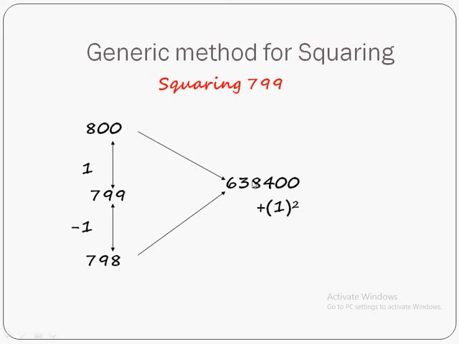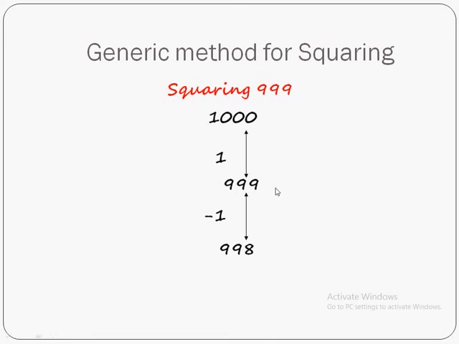After multiplying, my output will be 6384 and double zero coming from this. Because of this, we multiply 8 with this number instead of the complete one. Now the number we subtracted is 1, so I will square it, and squaring 1 is 1. So when I add 1 to this, it will give me 638401.